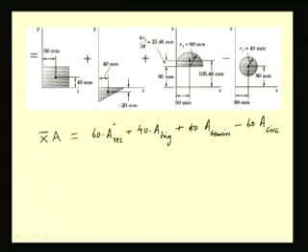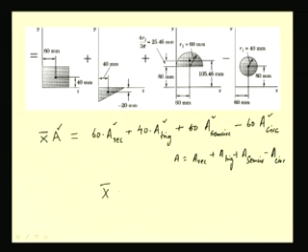Since all these quantities can be computed from the geometry, and we also know the total area A, which is the area of the rectangle plus the area of the triangle plus the area of the semicircular lamina minus the area of the circular lamina, we can determine the quantity x bar.